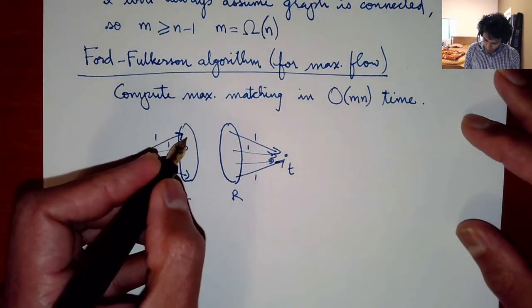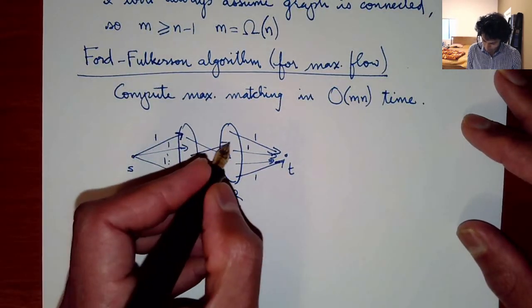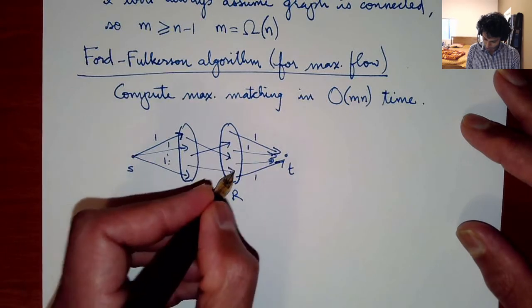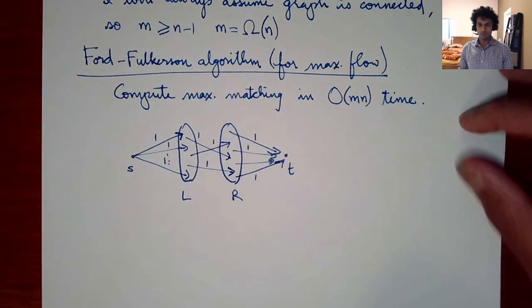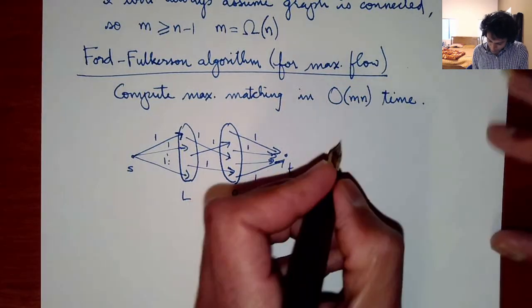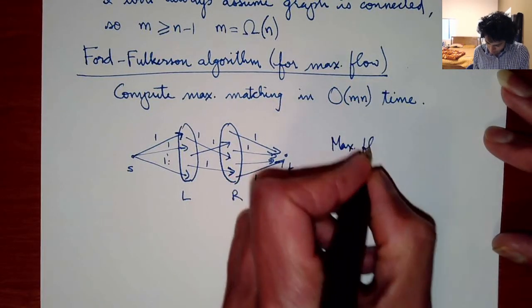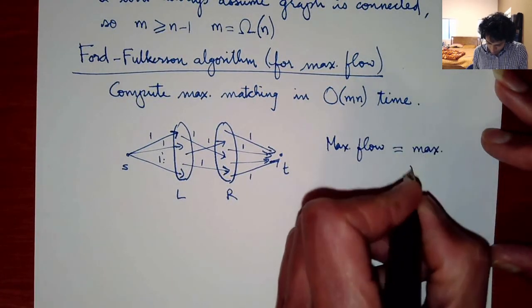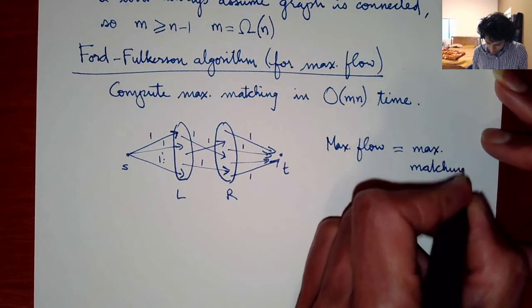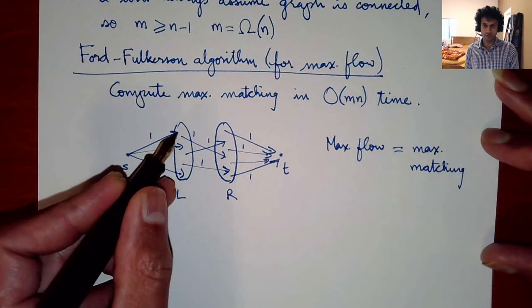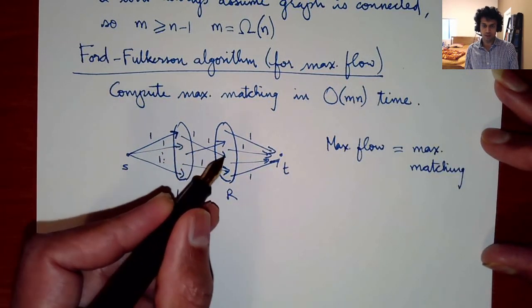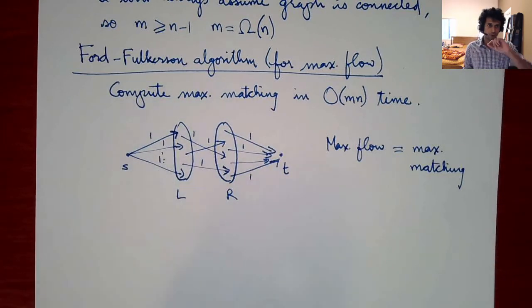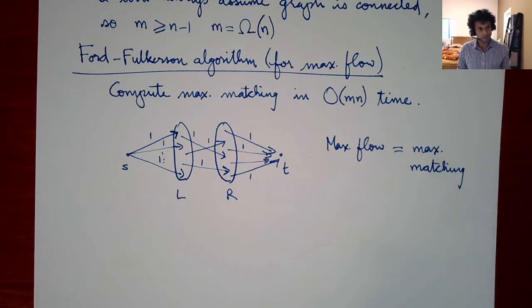And then it's going to take all the edges of the bipartite graph, direct the edges as follows, and put capacities of 1 on all of them. And then the maximum flow here is exactly the maximum matching. Right? Because if you pump 1 unit of flow through this edge, then it has to take one of these out, and every flow path gives you a disjoint edge, and so the flow is a matching, and the maximum flow is the maximum matching.